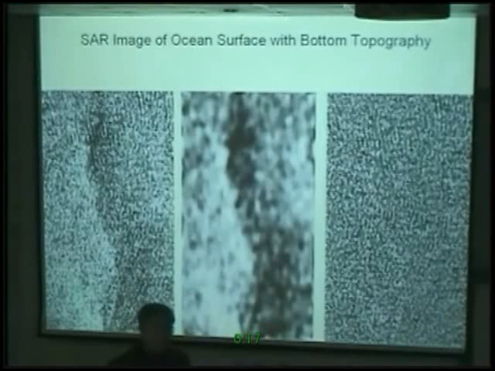Synthetic aperture radar is a radar with a focal point. The resolution of an image depends upon your focal point, and no radar can carry a very large antenna because it's physically impossible to carry a huge antenna. The larger the antenna, the better resolution you get.